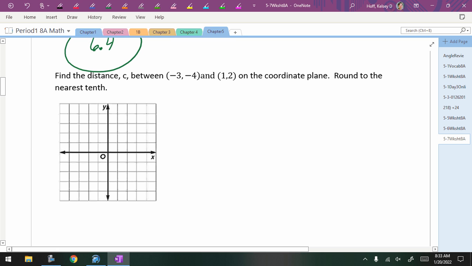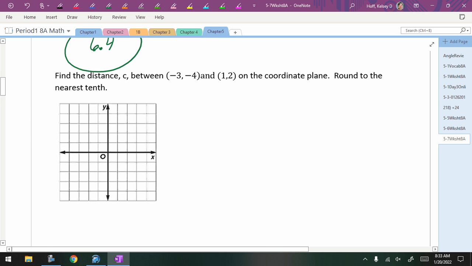Find the distance between these 2 points, round to the nearest tenth. First things first, plot these 2 points and make a right triangle. Plot your 2 points and make a right triangle. Remember, your first number tells you to go left or right.